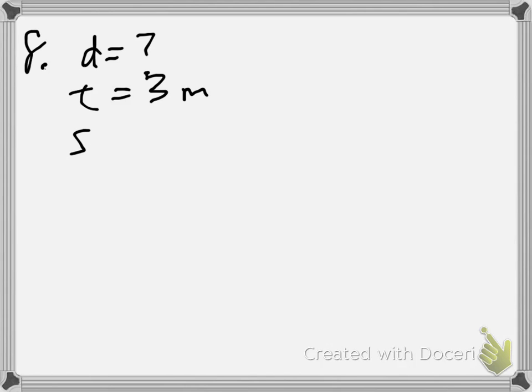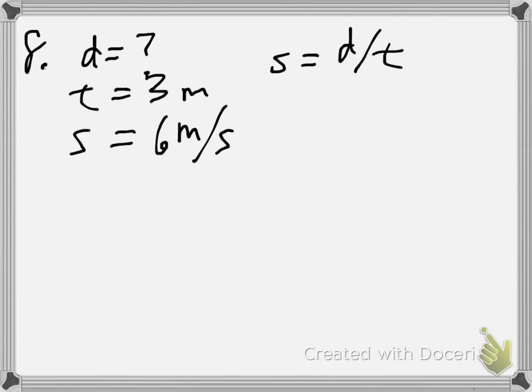So here, our rate is 6 meters per second. So once again, same equation, speed equals distance over time. And this is really easy right now when you only have one equation. As we get a little bit further on, you're going to have to pick which equation to use because we'll have multiples.